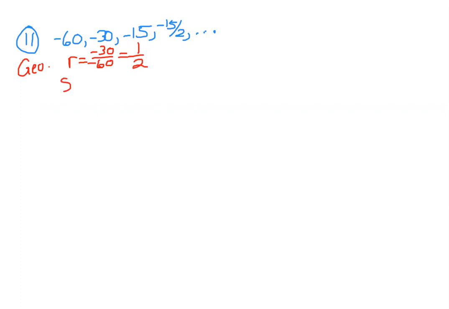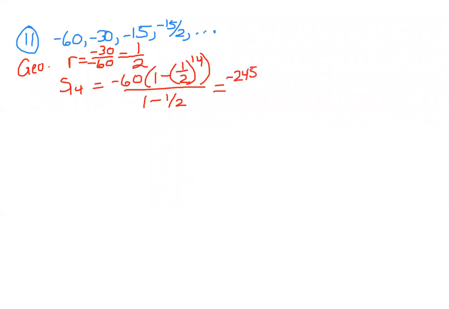So to find S14, we take A1 times 1 minus R to the 14th power over 1 minus R, and you're going to get negative 245,745 over 2048, which is approximately negative 119.99. Okay, number 12.